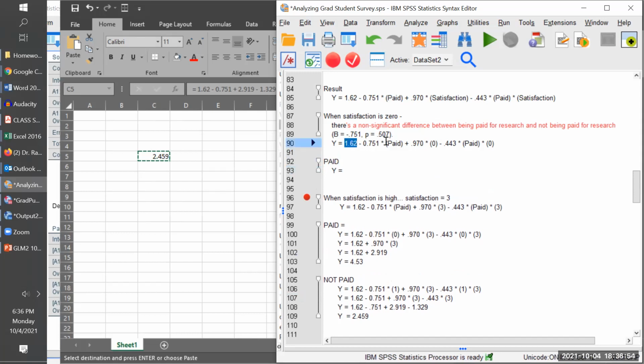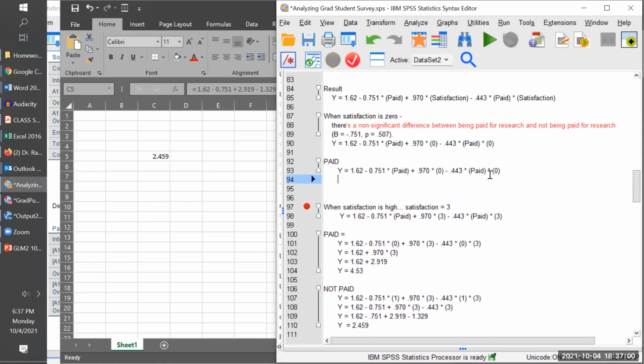And so paid, this will become 0, and this will become 0, and so y equals no math necessary.